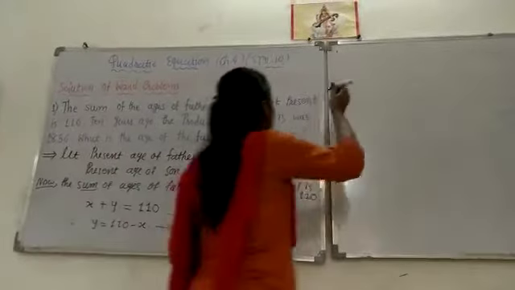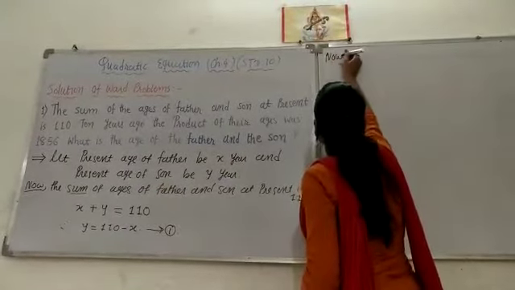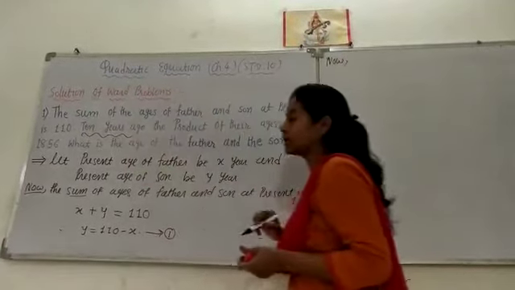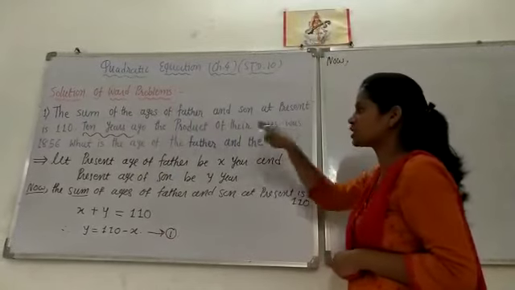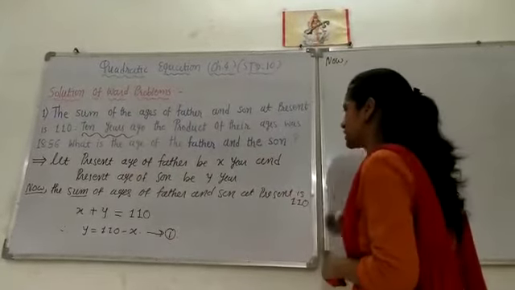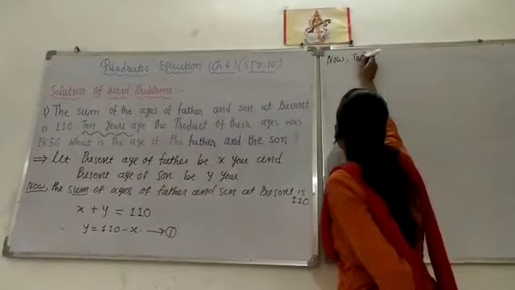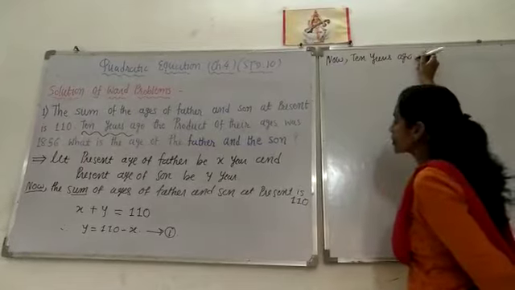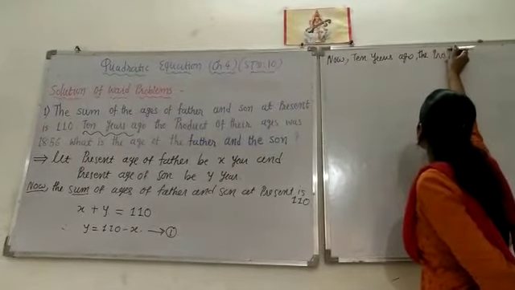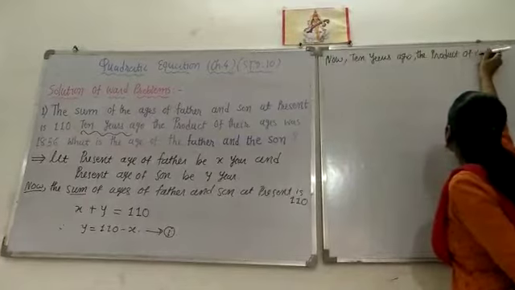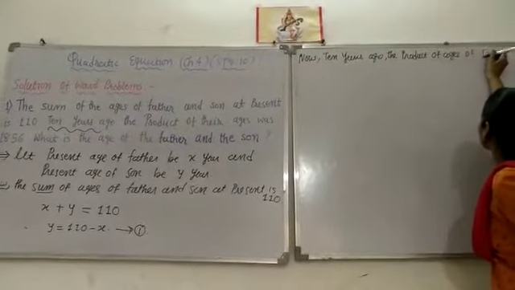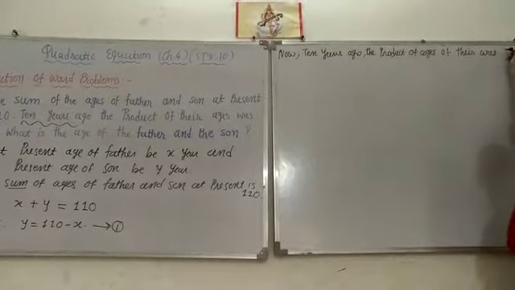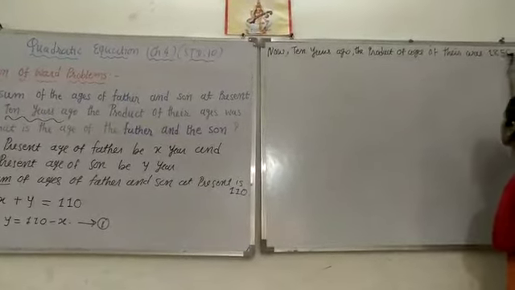After finding equation 1, you should write the second condition verbally and convert it into mathematical form. So 10 years ago, the product of their ages was 1856.